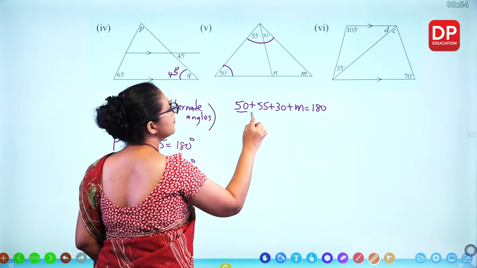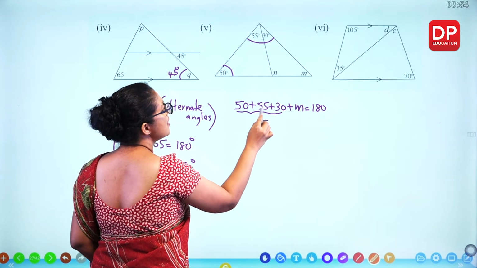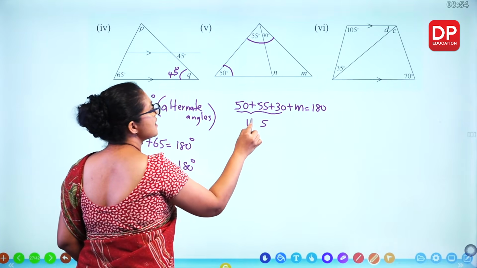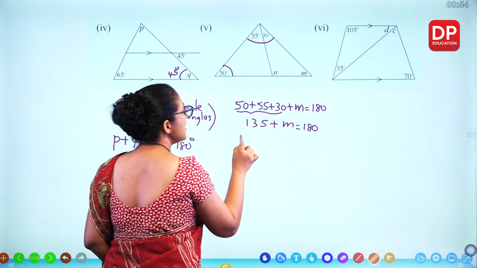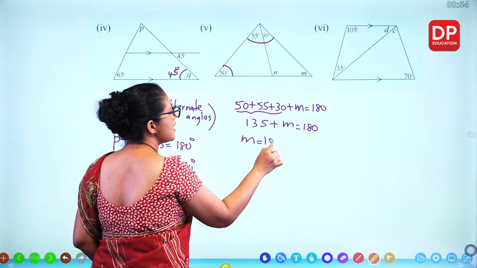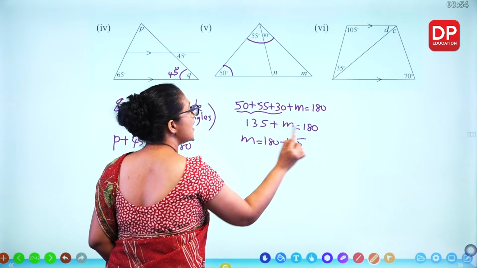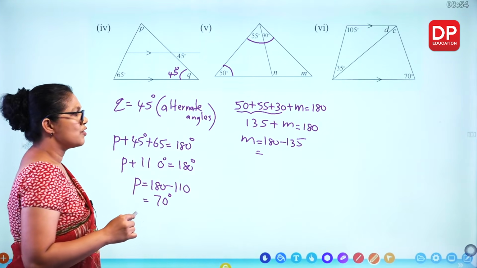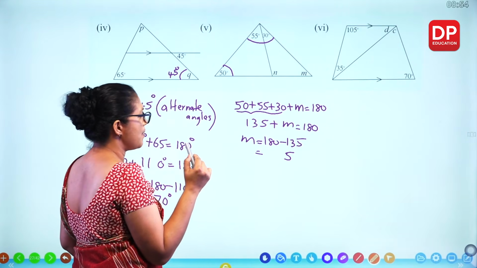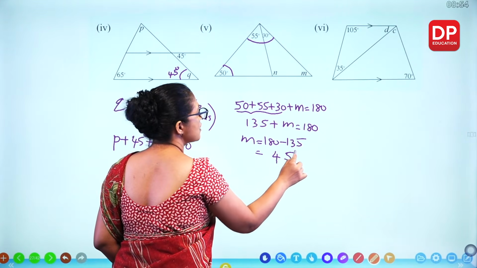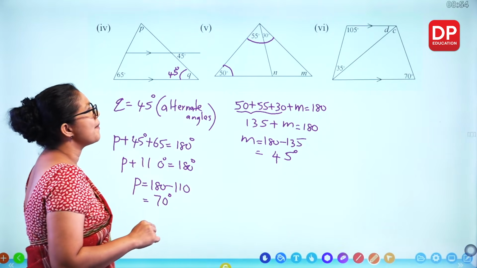Add these three, you get 5, 5, 10, 13. 135 plus M equals 180. What is M? 180 minus 135. So when you subtract, what do you get? 5, 5, 10, 1 remaining, 4. So 45 degrees for M.